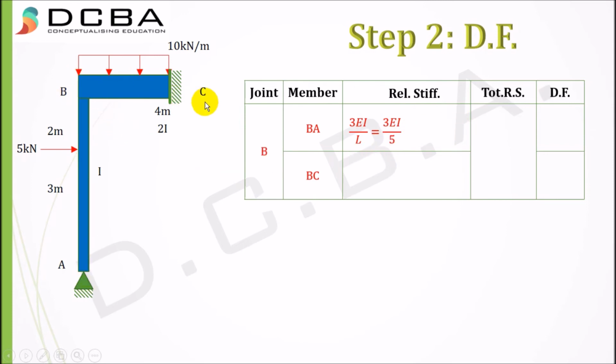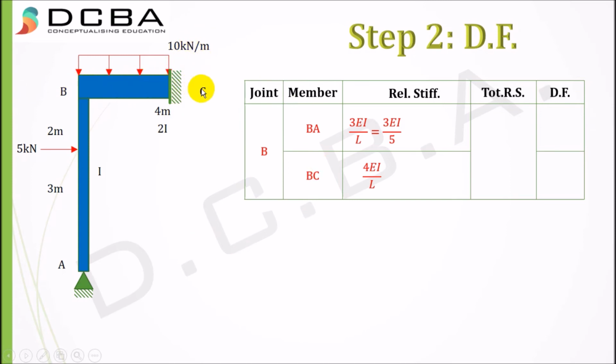And for BC, this is the most important part of this particular method of MDM. If you see the far off end for BC, it is fixed, and the relative stiffness for far off end fixed is 4 EI by L. But since we have reduced the BC to half of its length, okay, we have neglected the right side structure, right?